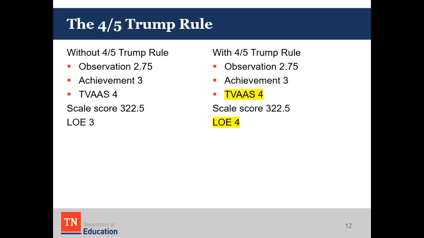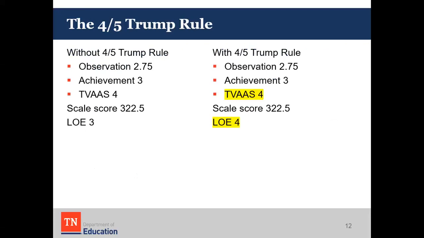So I want to give you an example of what that would mean. So let's have a scenario where the average observation score is a 2.75, the achievement measure score is a 3, and a TVOS score is a 4. The scale score for that would be 322.5.